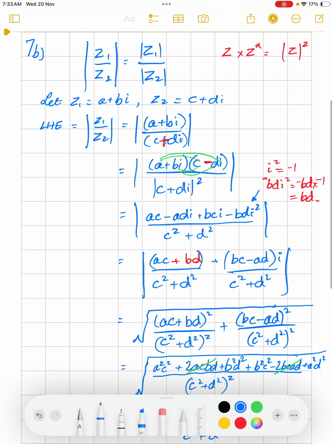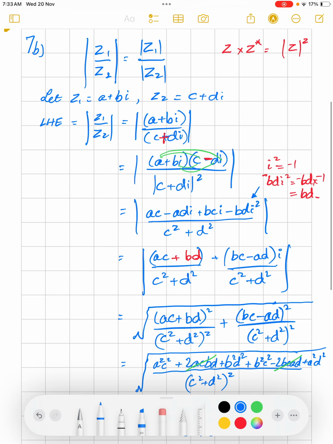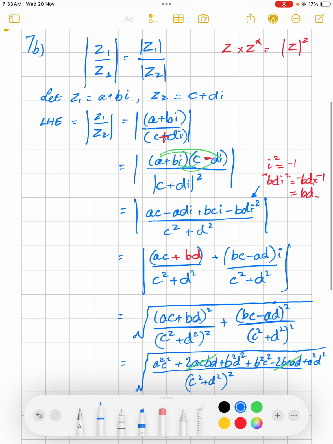Now let's do the right-hand expression. So it's the modulus of Z1 over the modulus of Z2.